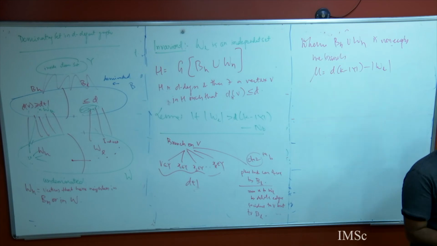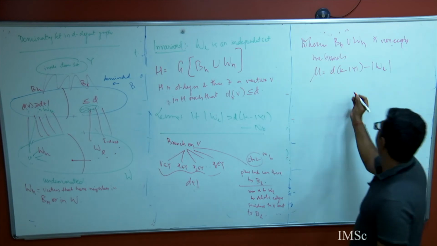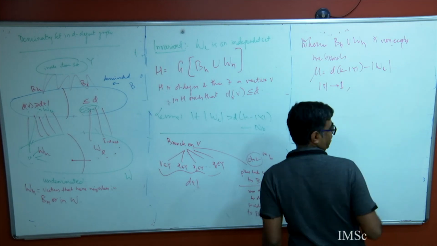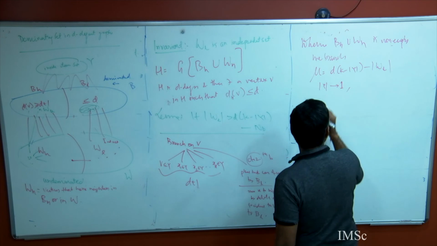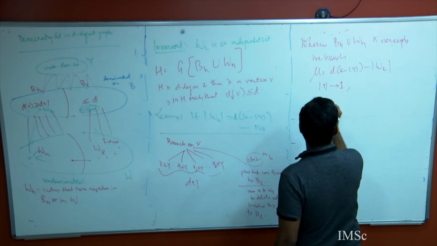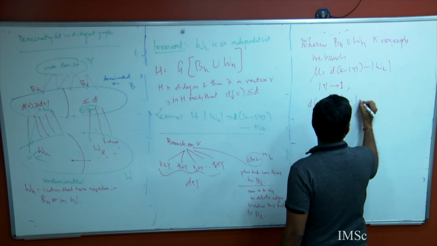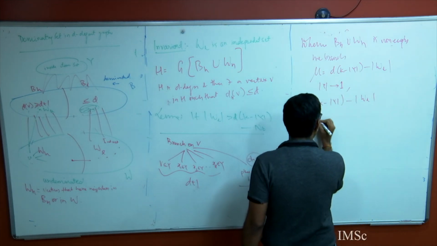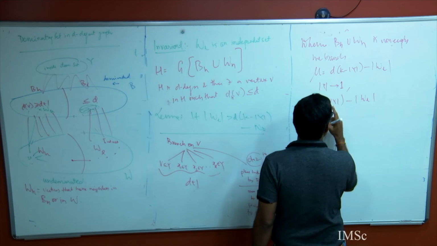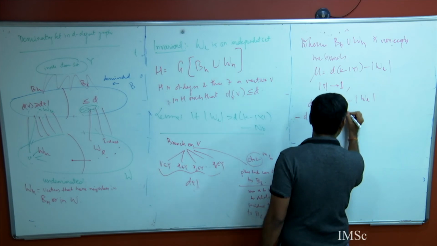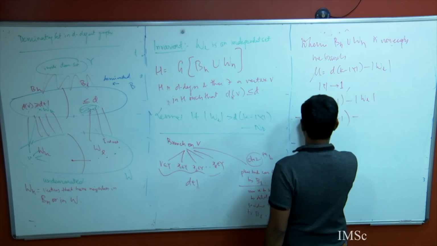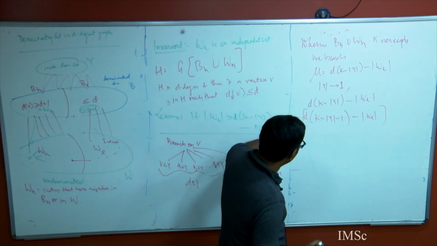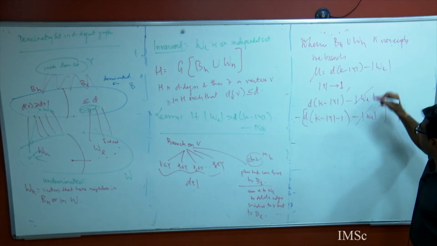Mod Y increases by 1, and WL nothing happens. So what will it be? D times K minus mod Y minus WL, minus D times K minus mod Y plus 1, so minus 1, minus WL. Agreed? So minus plus WL, so this will get cancelled.